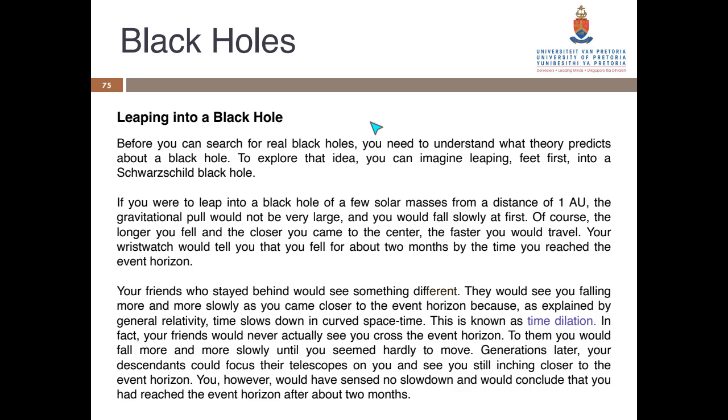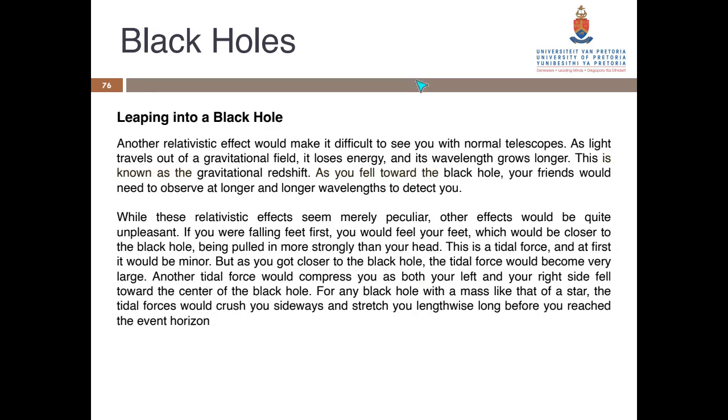To them, you would fall more and more slowly until you seemed hardly to move. Generations later, your descendants could focus their telescopes on you and see you still inching closer to the event horizon. You, however, would have sensed no slowdown and would conclude that you had reached the event horizon after about 2 months.